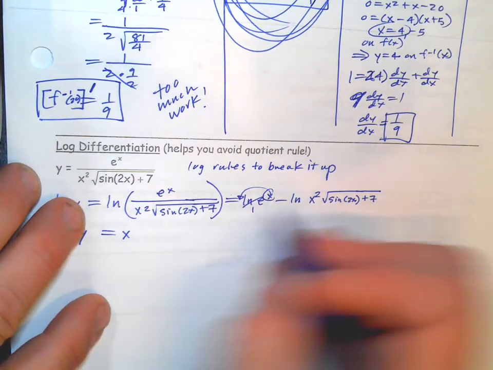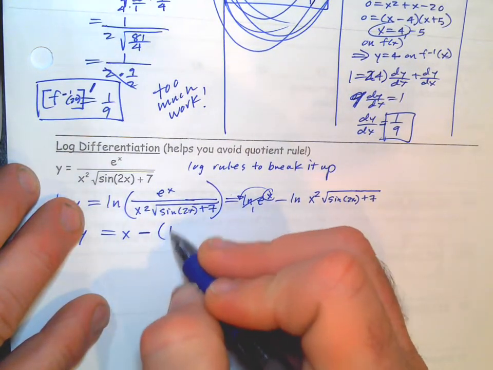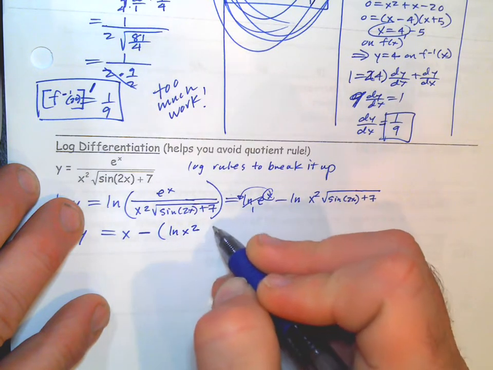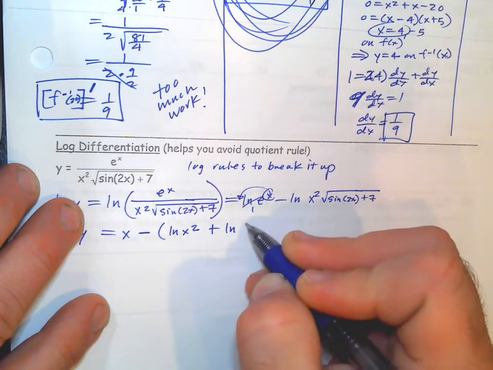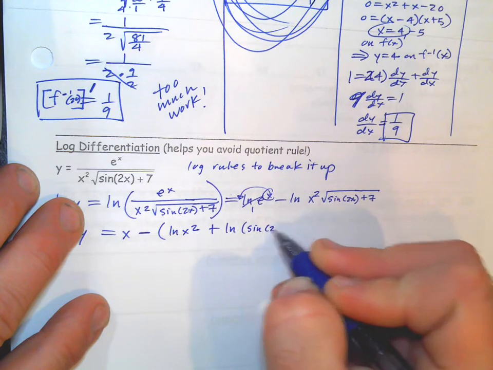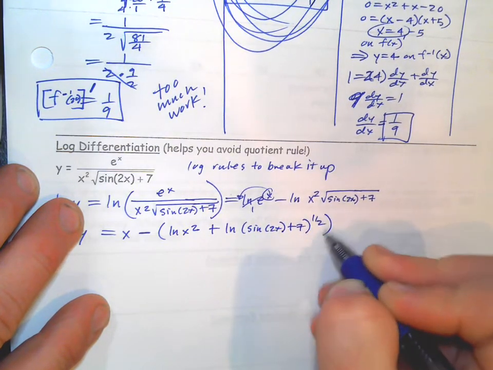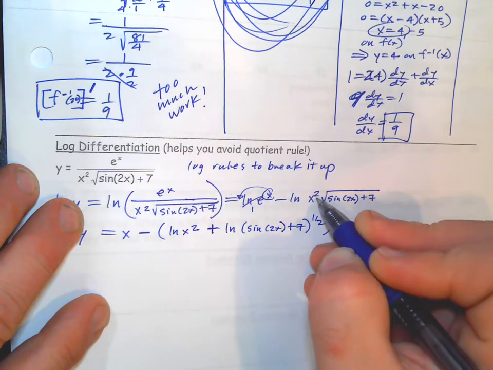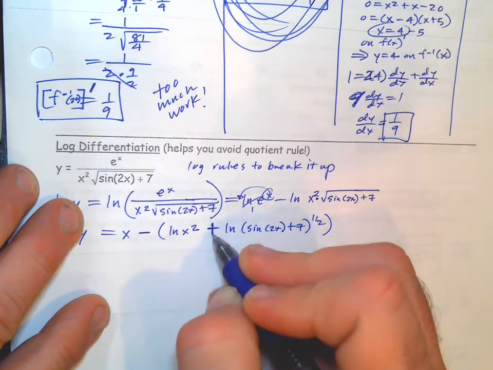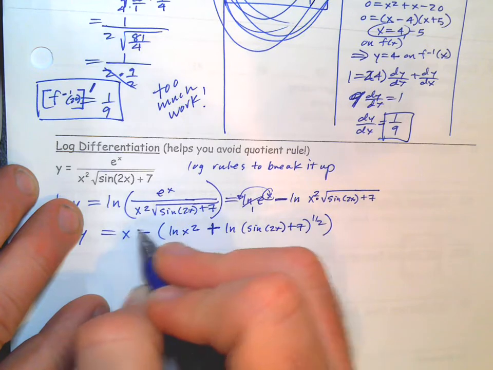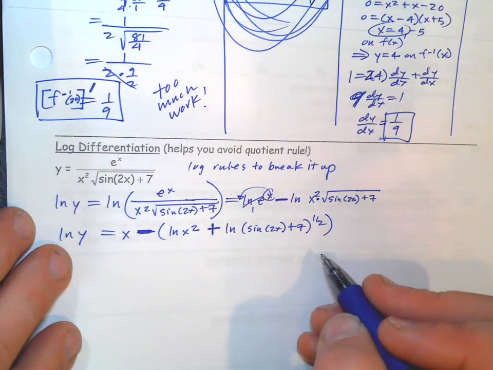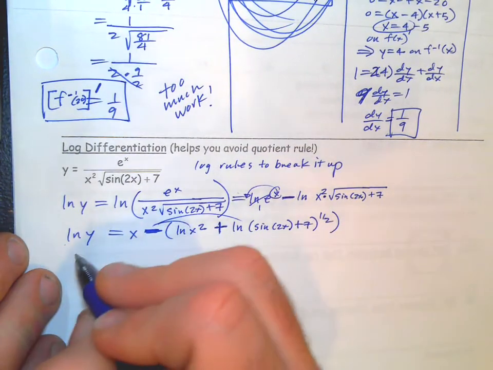I'm just cleaning up: minus natural log of x squared plus natural log of sine 2x plus 7 to the 1/2 power. Now, I had to put parentheses around this. Multiplication means you add the logs, but this is all being subtracted, so I've got to put parentheses around the whole thing and distribute.